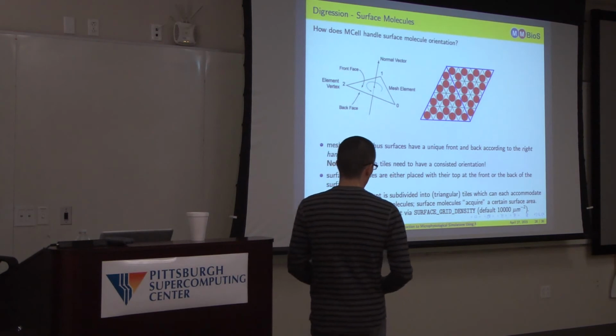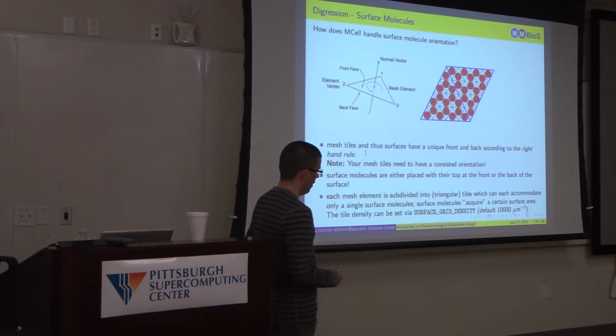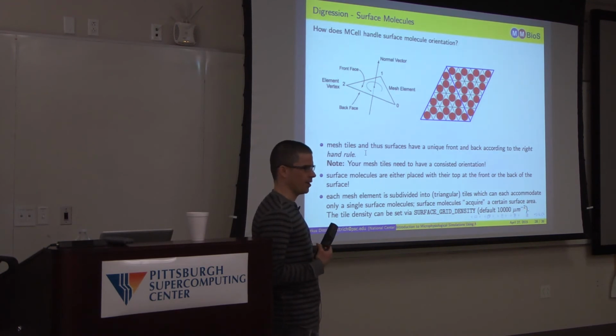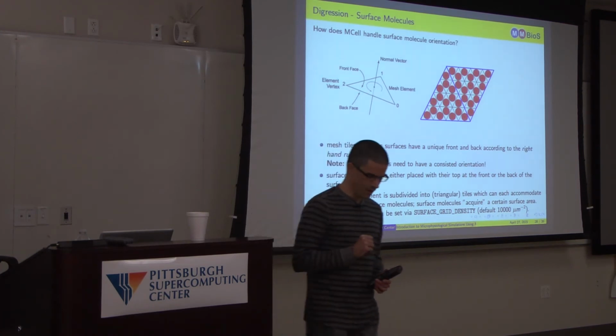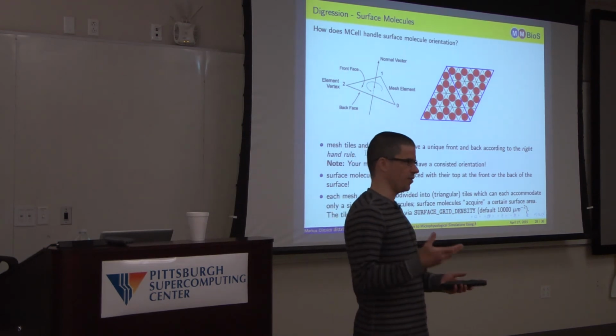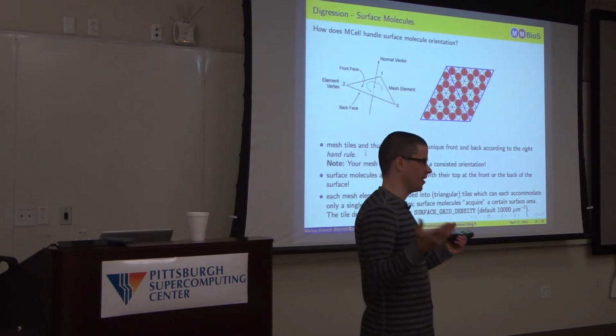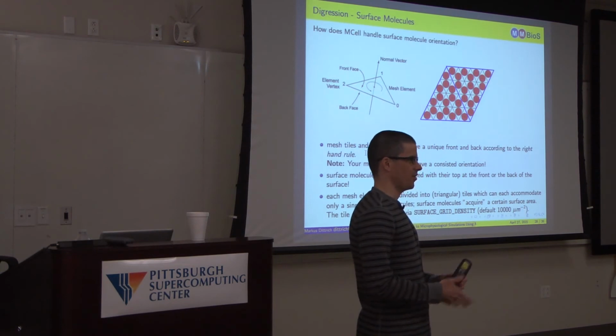One remedy for that would be to increase the surface grid density. But if you do that, you have to think about what this really means for your system, because you are reducing the surface area that you allow each of your molecules to have beyond what you would typically expect a membrane protein to have. So that's not necessarily wrong.